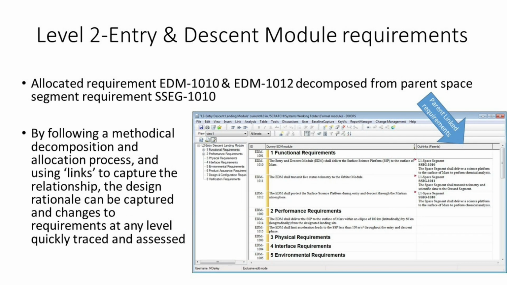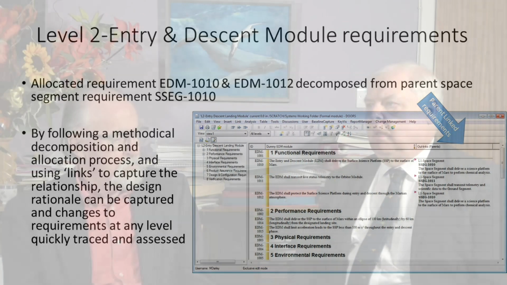At the next level, the requirements relating to the entry and descent module are broken out. Note here that the program is not just checking functional requirement links, but also the other sets of requirement we identified in the last lecture, like operational constraints and interfaces.